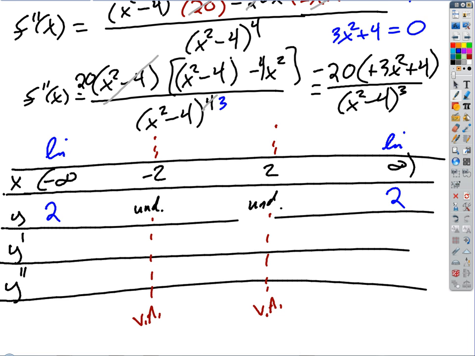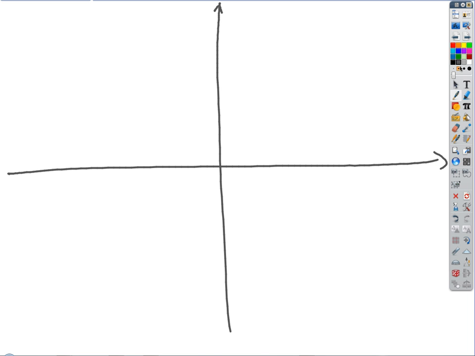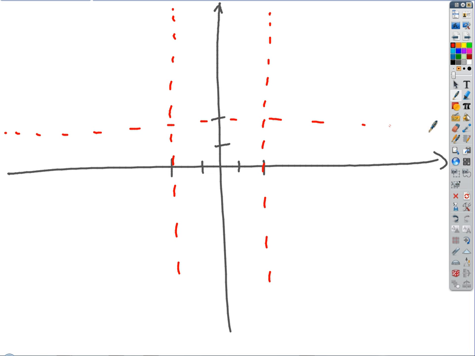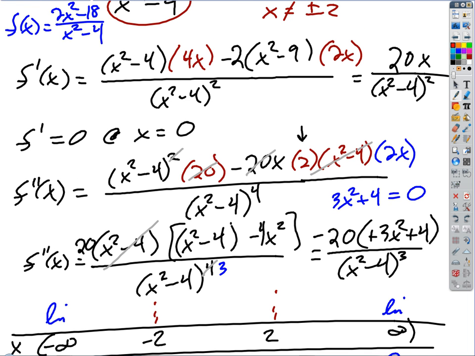And if we just put that structure on our graph, even just that much helps. We'll go back to it. That helps quite a bit. All right, and then we had one critical number at 0.